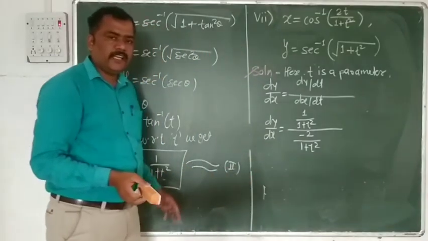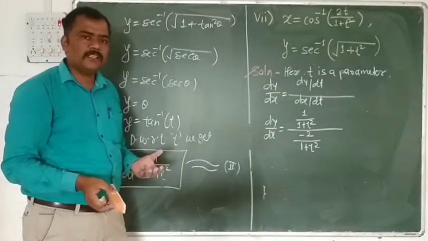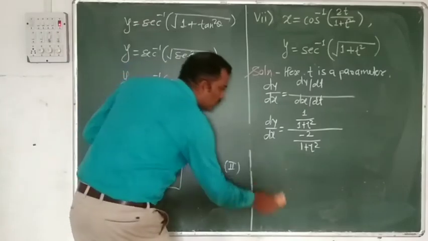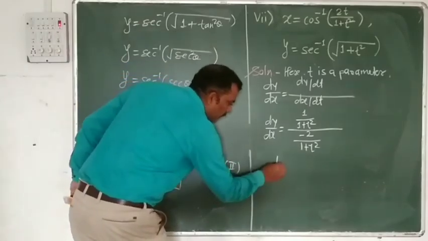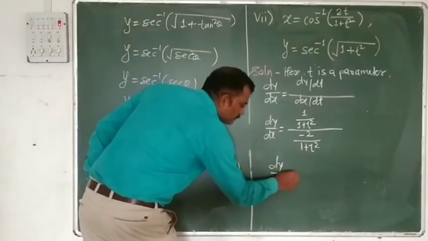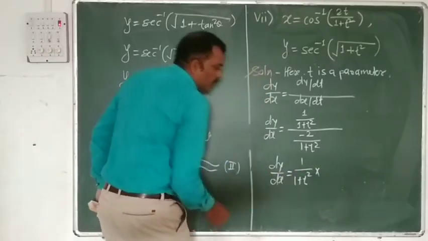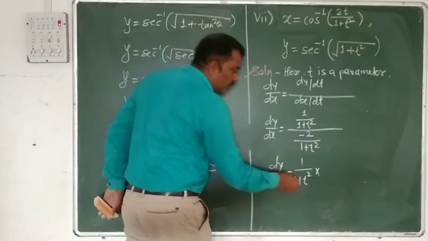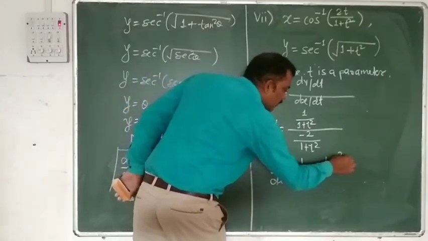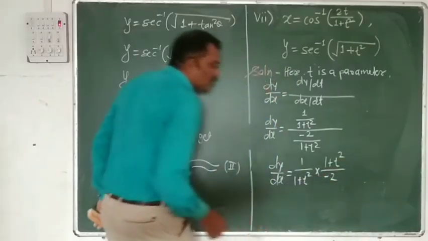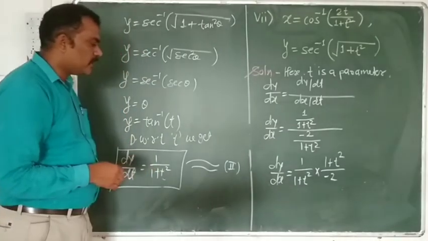Divided by, it is nothing but we have to multiply by the reciprocal of the denominator, so that we can write dy by dx is equal to 1 upon 1 plus t square. We have to multiply by the reciprocal of this denominator, that is 1 plus t square divided by minus 2, and 1 plus t square gets cancelled.